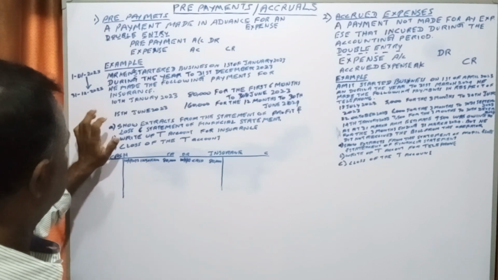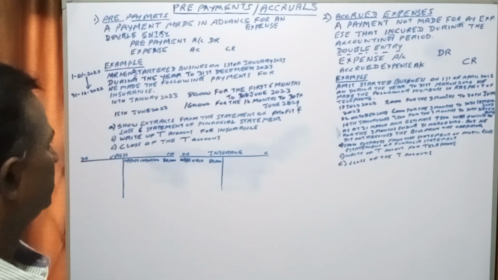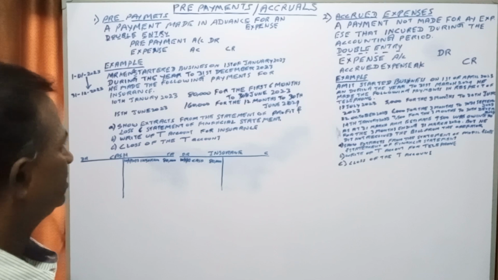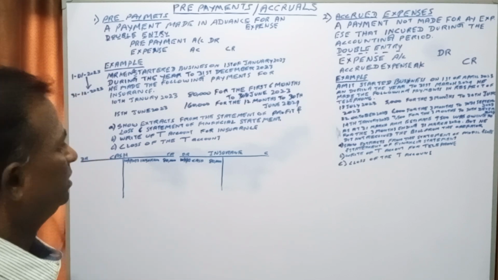Second transaction is 15th June 2023. He made a payment of 160,000 for the next 12 months, right?